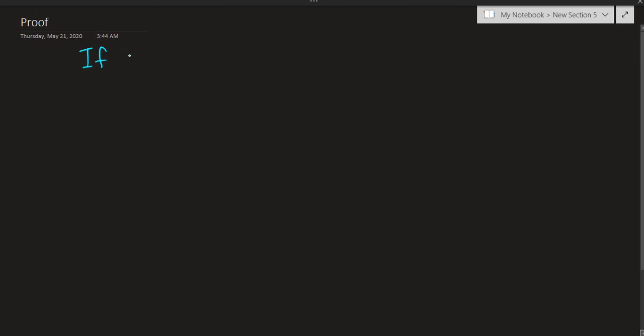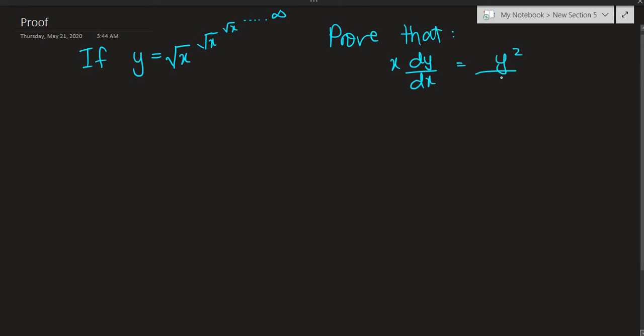This one says if we have a function y equal to square root of x raised to the square root of x, which itself is raised to the square root of x, and this process of raising to the square root of x power goes on till infinity, we have to prove that x times dy over dx is going to equal y squared divided by 2 minus y times the natural log of x.